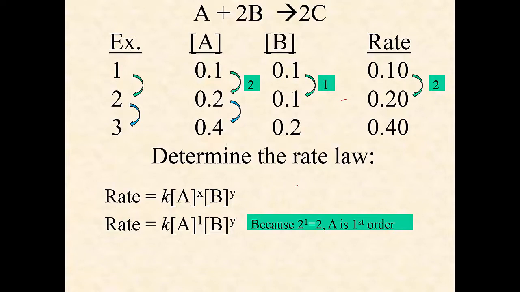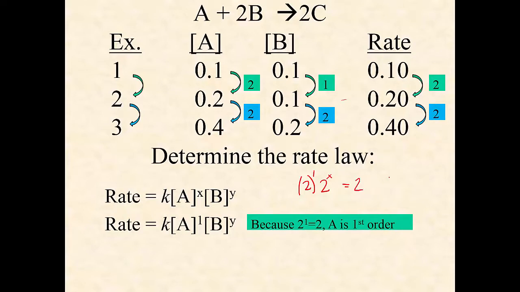A doubled. Well, I already know that if A doubled, it's first order. So what did B do? B also doubled. But I'm trying to figure out this. So what you're asking yourself is, what did this do? It doubled.